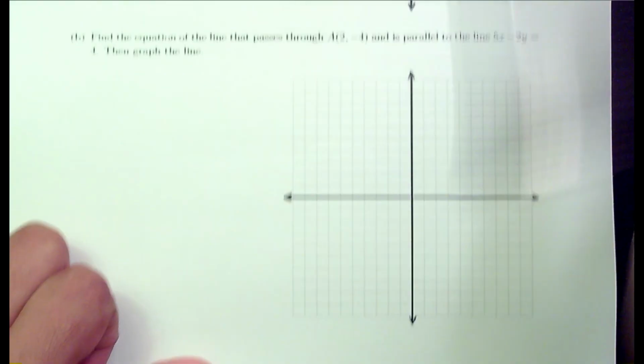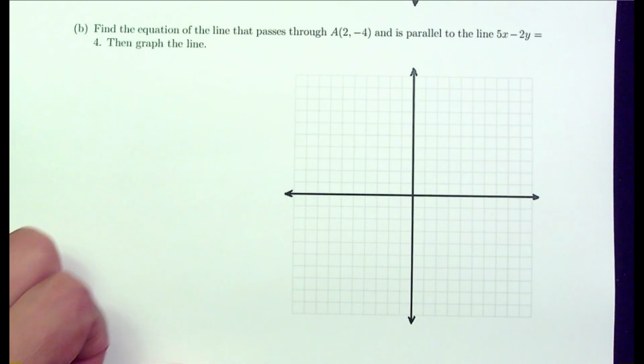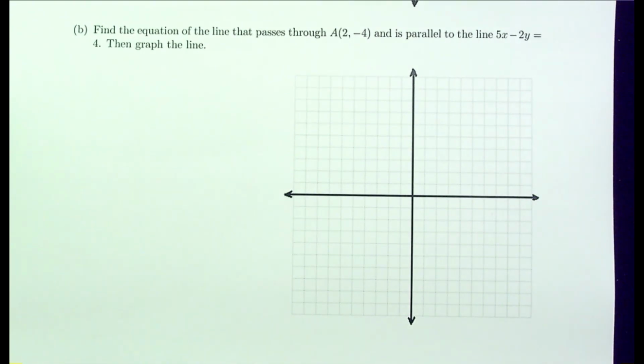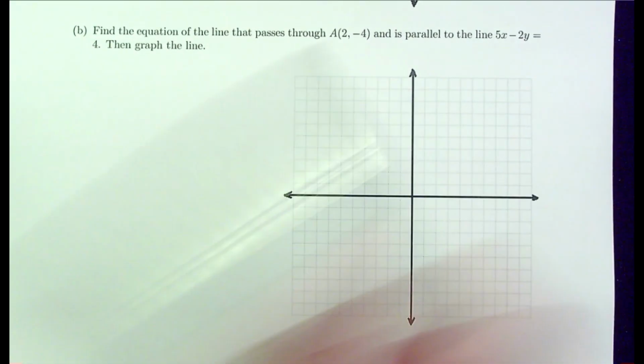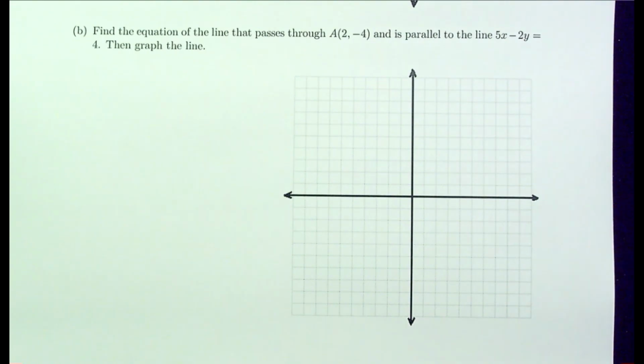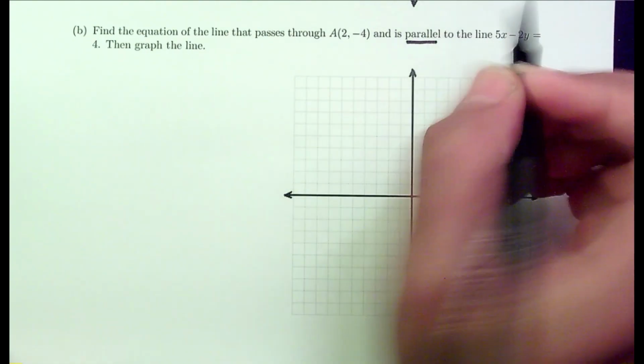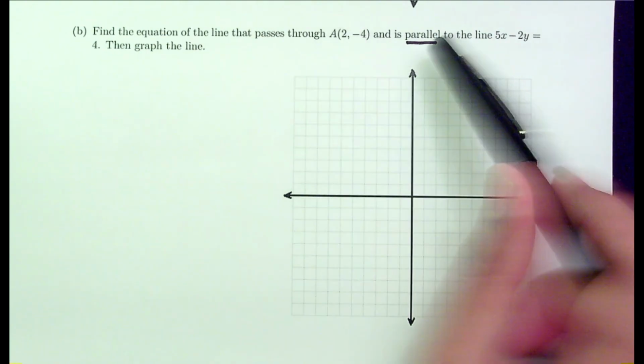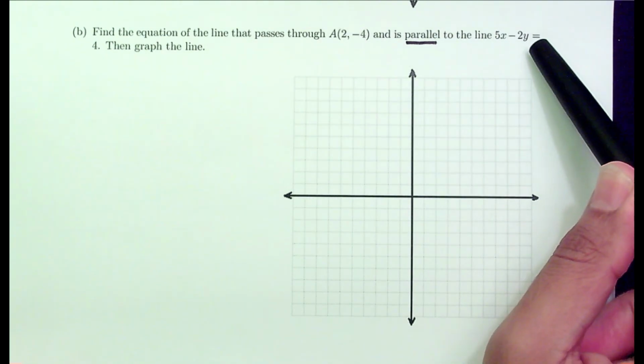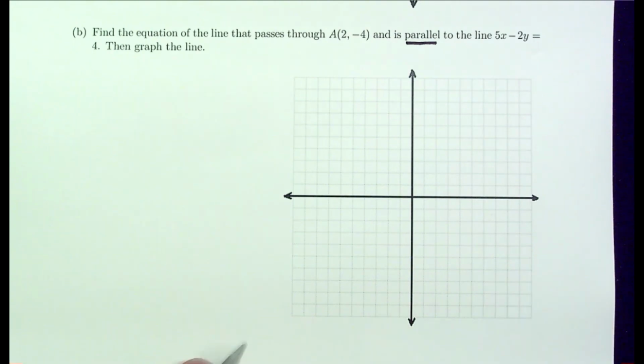Okay, so we're going to repeat that now with one more example. It says, find the equation of the line that passes through 2, -4, and is parallel to 5x minus 2y equals 4. So I'm looking for an equation that passes through this point and is parallel to that one.